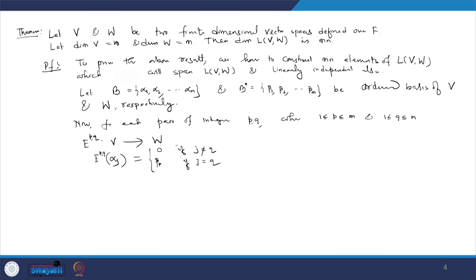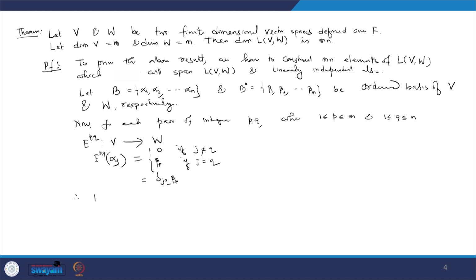So, when j equals q, I am writing E_pq of alpha j equal to beta p. This is called the Kronecker delta, delta jq times beta p. I mean delta jq is 1 when j is equal to q, and 0 otherwise.